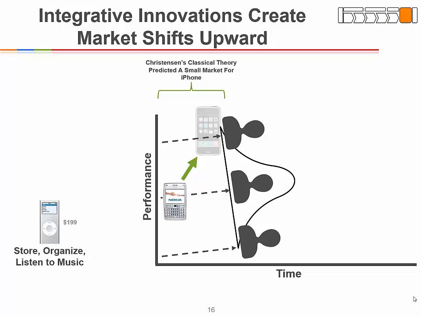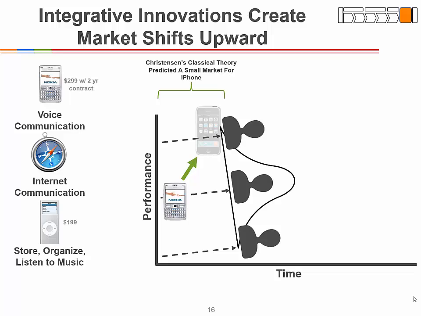I'll explain this. When you combine storing and organizing and listening to music as one job to be done, which, by the way, people paid about $200 for just that job. And then internet communication, which people paid money for, although at the time there's not a clear internet communicator by itself, so it's embedded in other functions within the laptop.